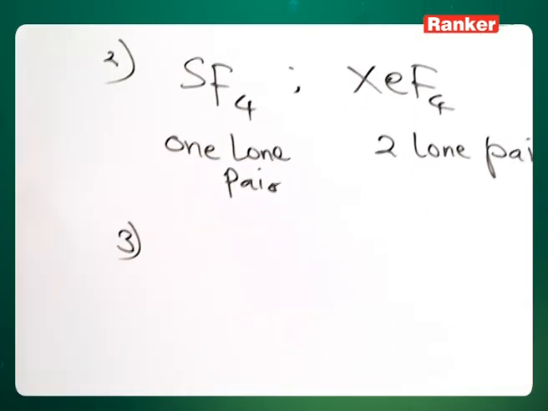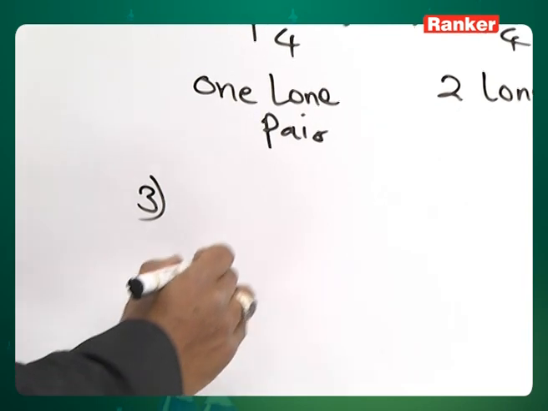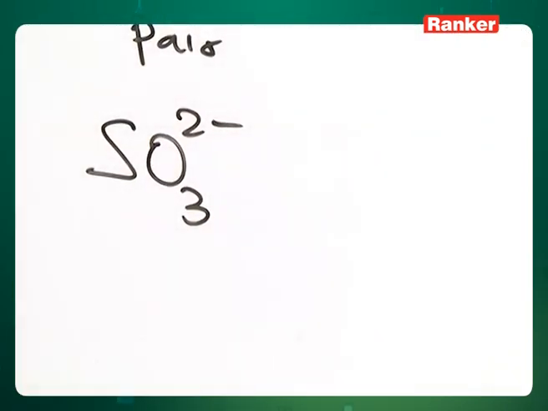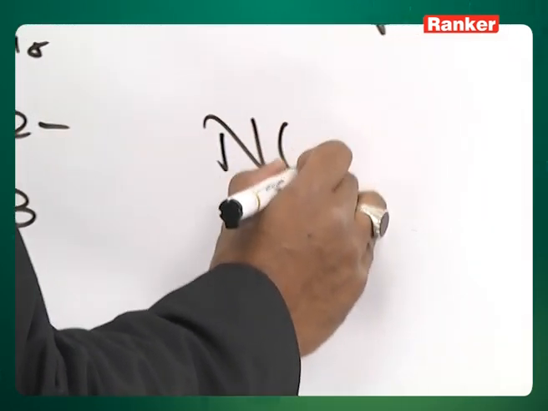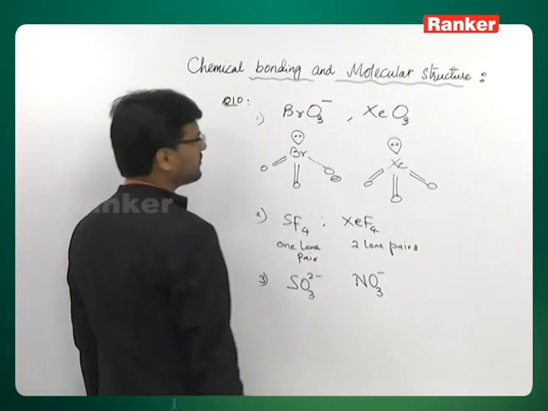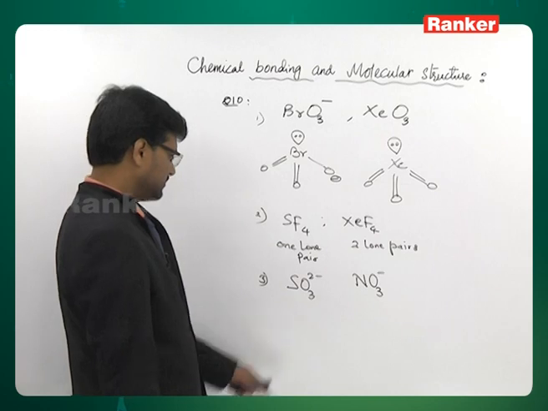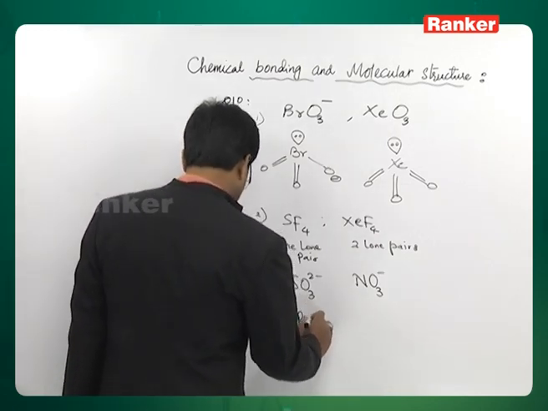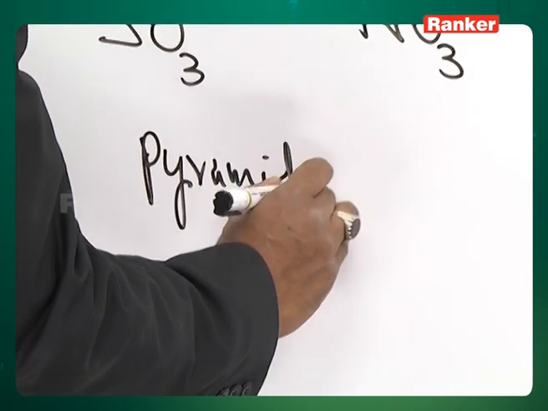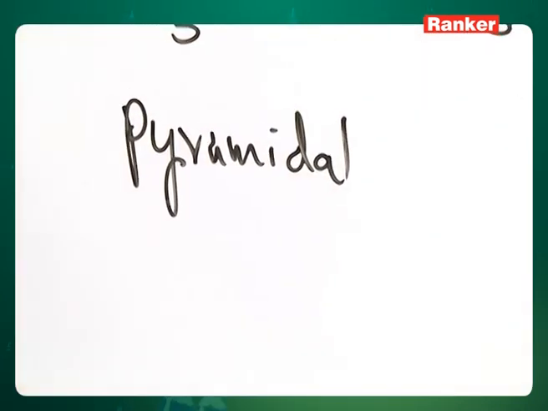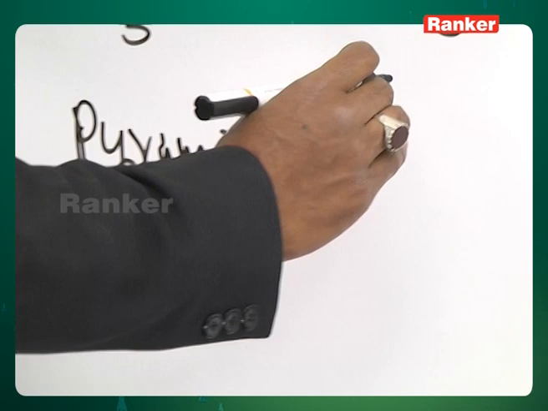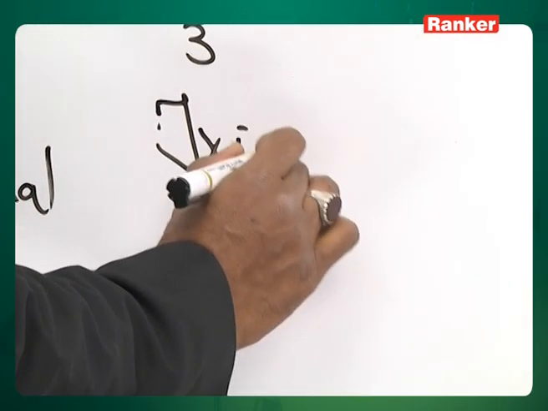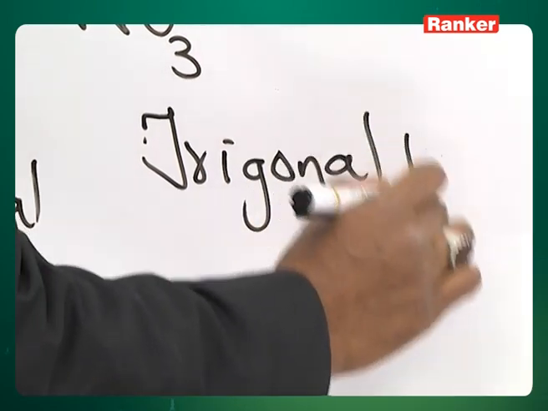Third option, SO3 2 minus and NO3 minus. SO3 2 minus has pyramidal shape because it has got a lone pair, whereas NO3 minus is trigonal planar. It has no lone pair on nitrogen.